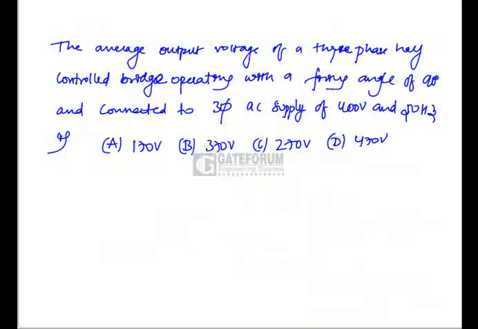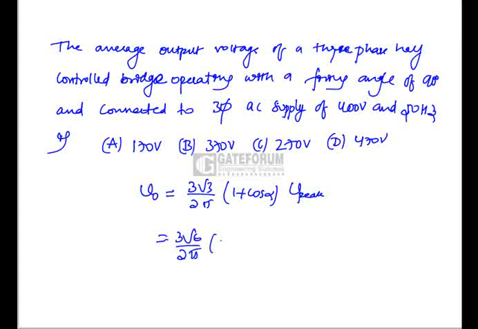The average output voltage of a 3-phase half controlled bridge operating with a firing angle of 90 degrees. The average output voltage expression is 3 root 3 by 2 pi into (1 plus cos alpha) times V peak, or you can write it as 3 root 6 by 2 pi into (1 plus cos alpha) times V phase.